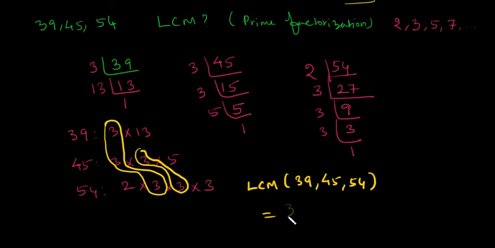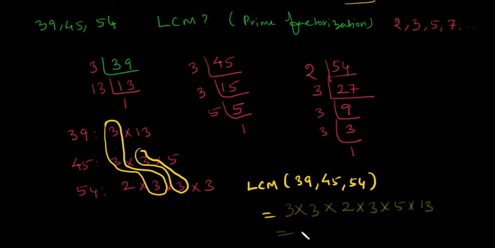Then again you group these 3 as 1, so into 3, and the remaining numbers you write as it is: 2 into 3 into 5 into 13. So this is the least common multiple of these 3 numbers.